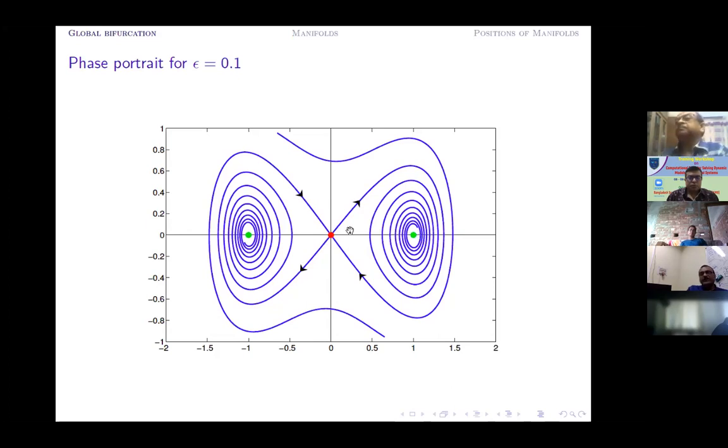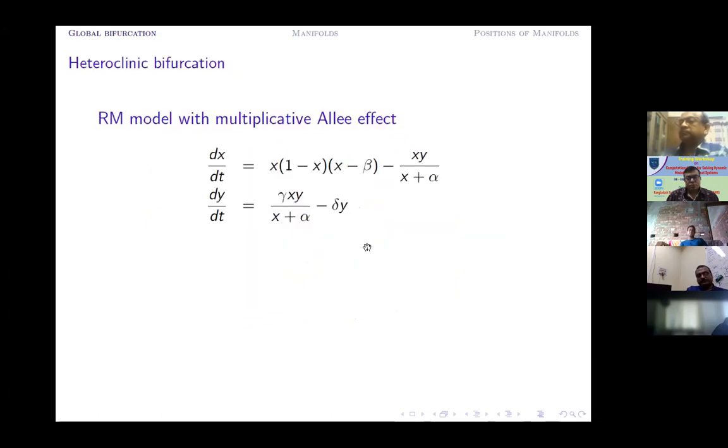So in between you can speculate there might be some possibility that these two manifolds coincide or collide, and that is the responsible factor for the existence of a homoclinic orbit.